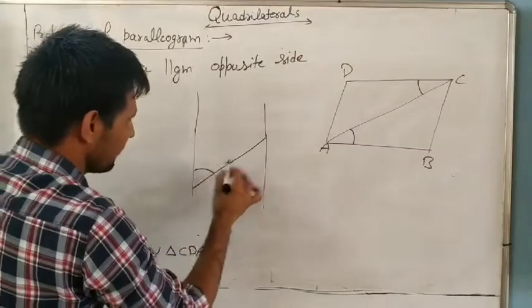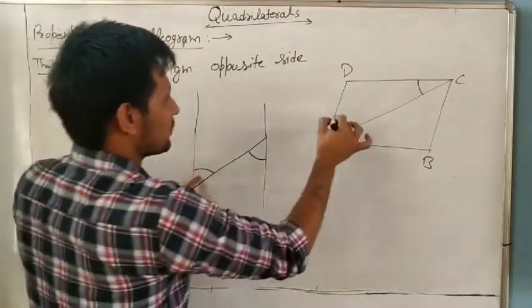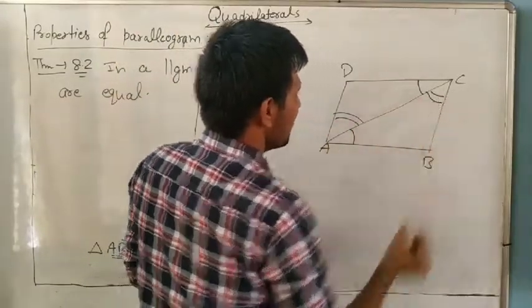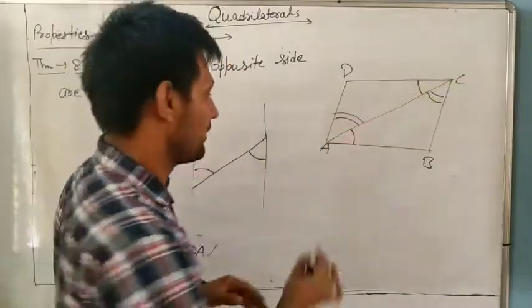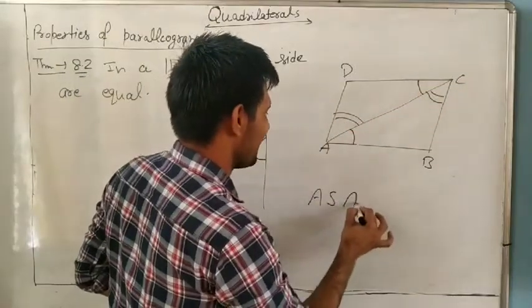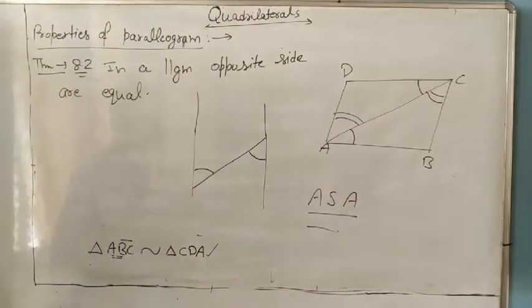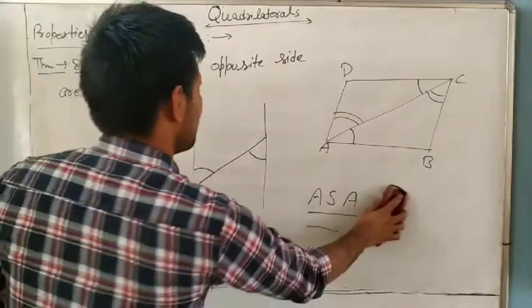So this angle equal to this one. Why? Because of alternate interior angles, which means this angle equal to this one. And this side is common. So by angle, side, angle, these two triangles are congruent. By this method also you can prove it.